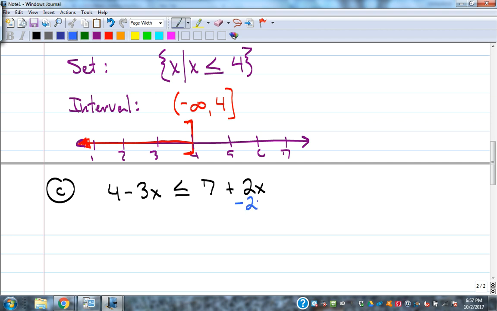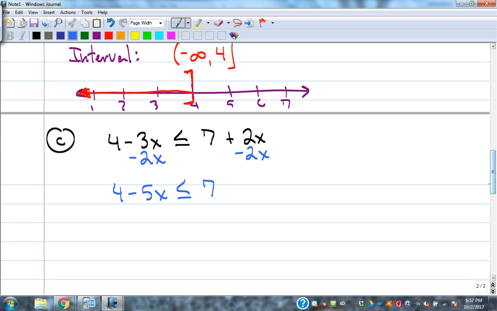So I'm going to move 2x. And then negative 3x minus 2x, negative 5x. And then I need to move the 4. How do I move that 4?